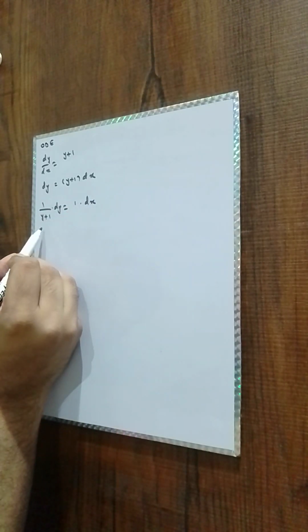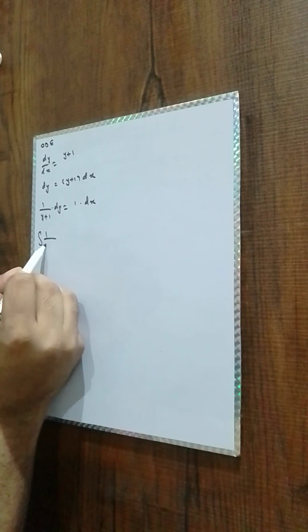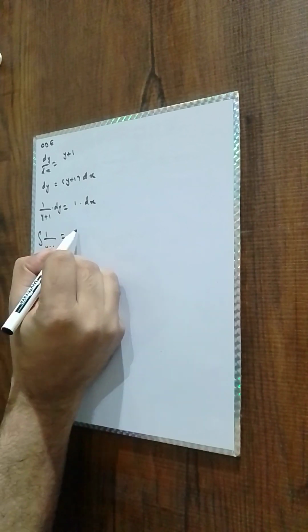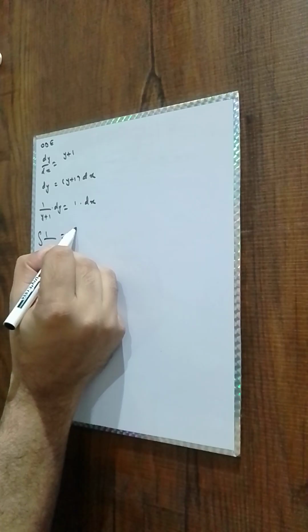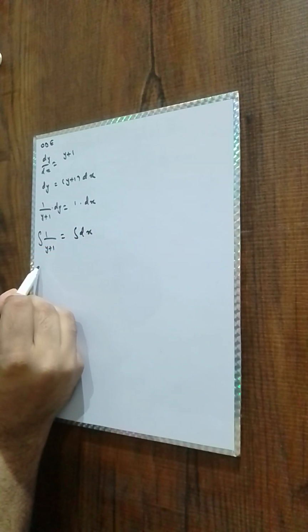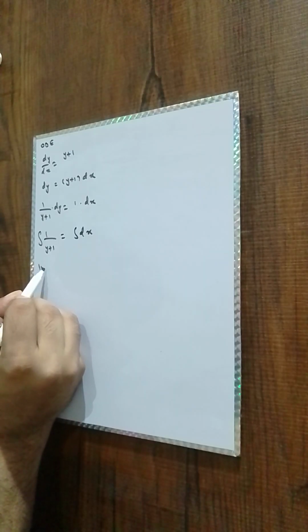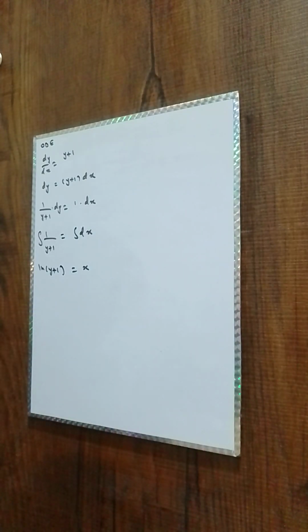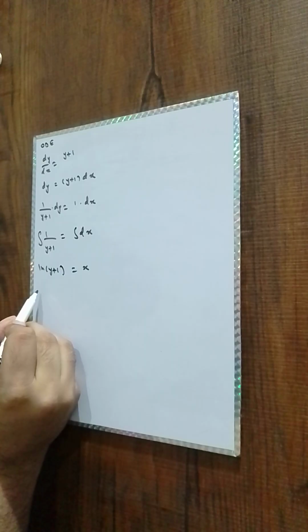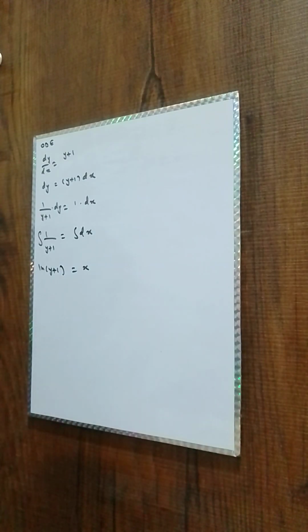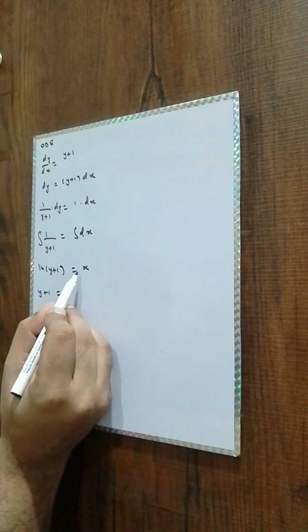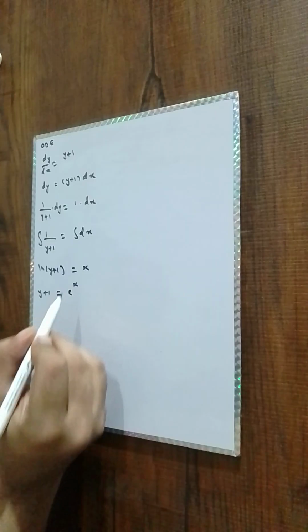Yes, and then we integrate 1 by y plus 1 dy is equal to dx. So what we get is natural log of y plus 1 on the left side and x on the right side. And now we need to get rid of natural log. So Euler's number comes in, and y plus 1 goes into the exponent of e to the power x.